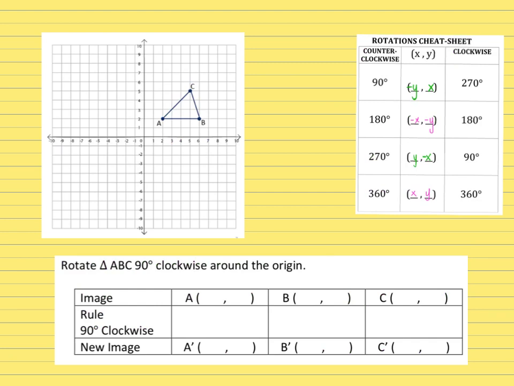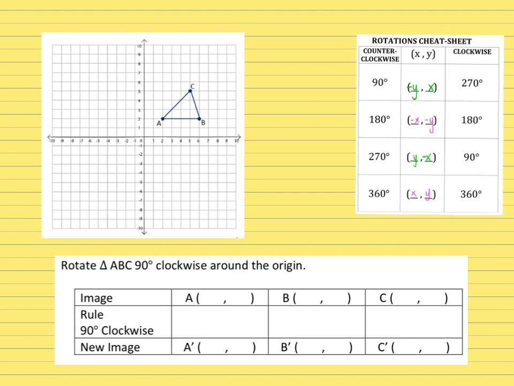Now what we're going to do is take a shape that's in a coordinate grid. We're going to apply the rotation that it wants to happen. I'm going to graph it on the coordinate grid, but then I'm also going to show you how to record what the rule would be for that type of rotation, and then write in the new coordinates as well.